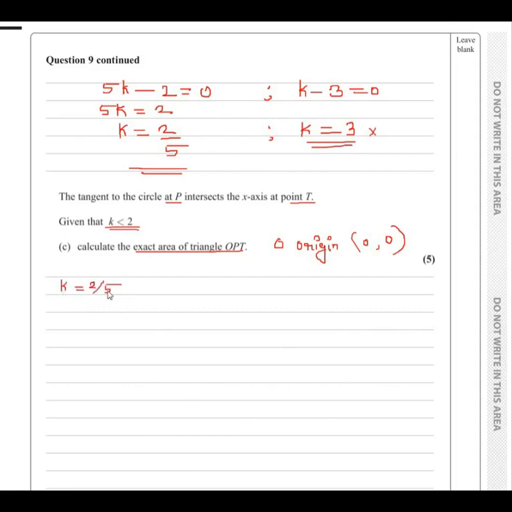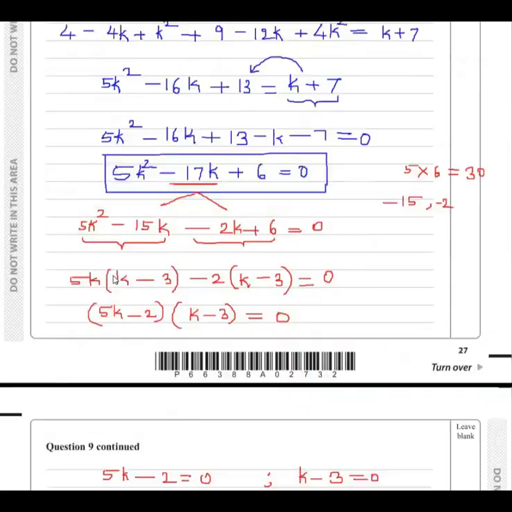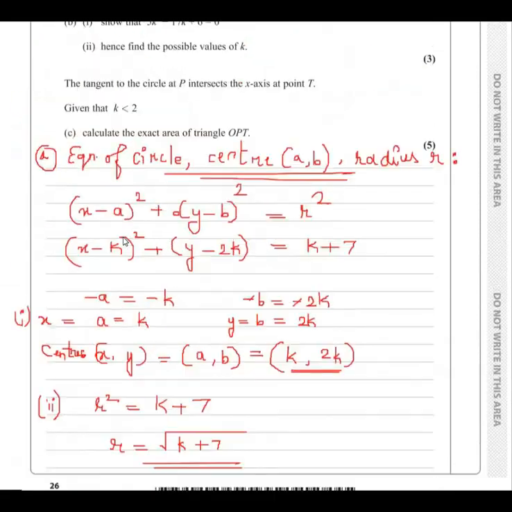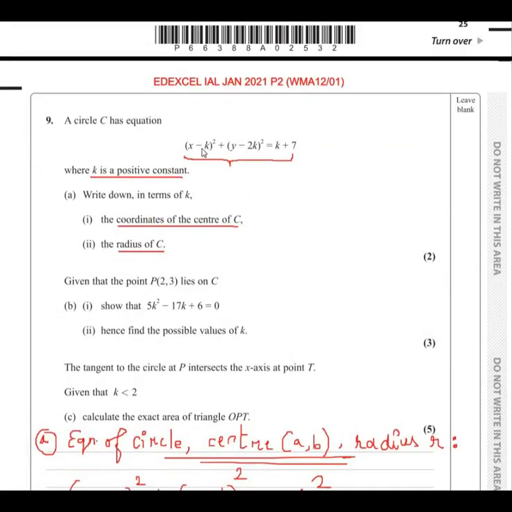Now we are going to substitute the value of k equal to 2 over 5 in the given equation of the circle in the question. The expression was x minus k the whole square plus y minus 2k the whole square equal to k plus 7.